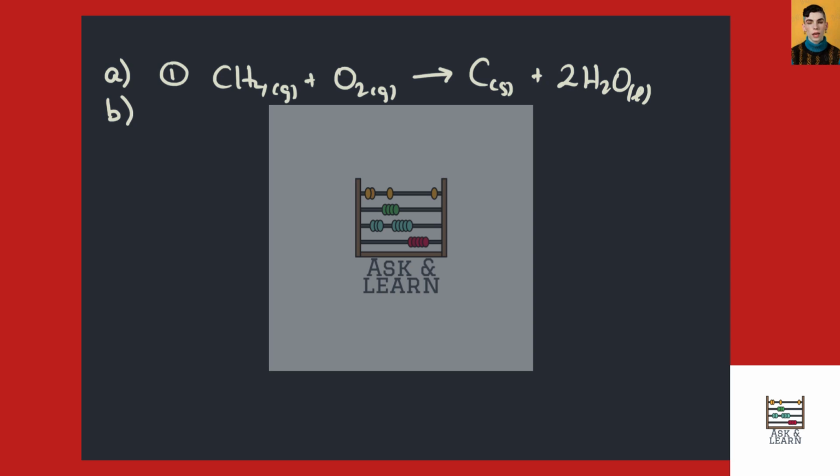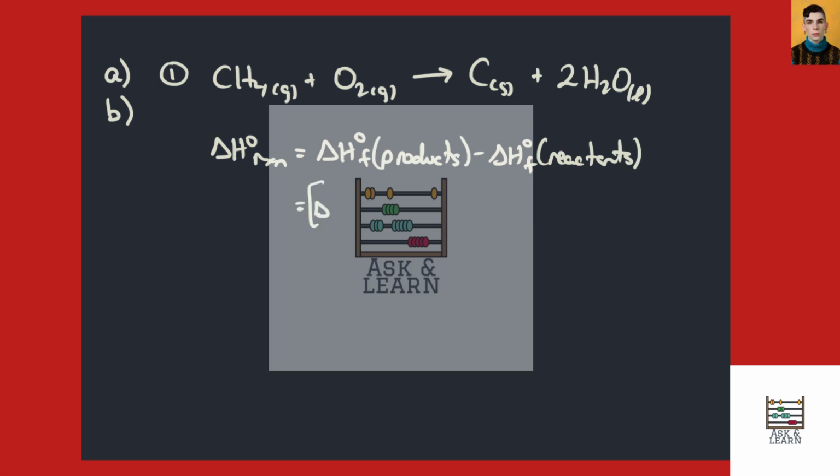And for this, we'll determine our delta H naught reaction, which is the enthalpy of formation of the products, minus the enthalpy of formation of the reactants.